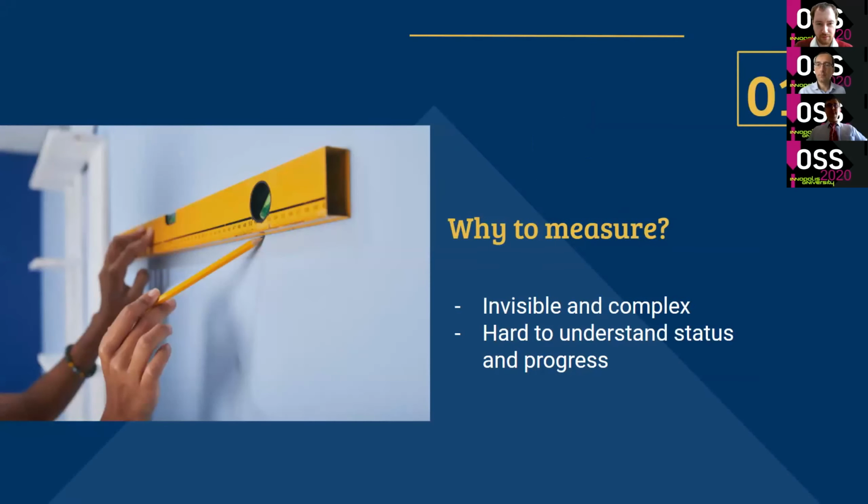We know that software, including its soft artifacts produced with a computer, is invisible and complex. The difficulty in visualizing it makes it difficult to reason and communicate about it. Also, it is hard to understand the status and progress of the work. So in order to make it more understandable, we conduct software measurement processes.